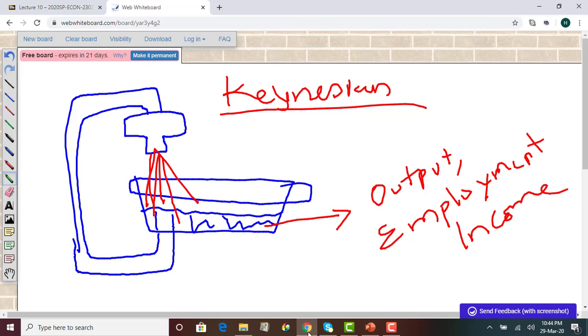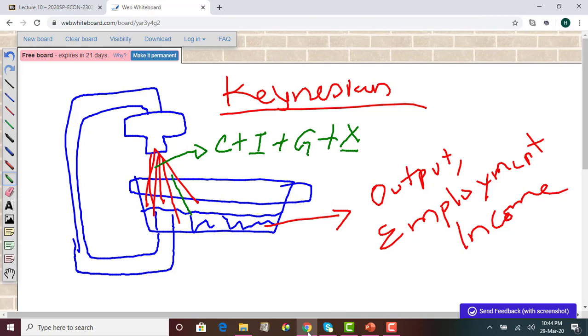Now the differences are, this flow of water under Keynesian includes consumption, C, plus investment, but it also includes government expenditure, because the government can pour money or inject money into the economy, and at the same time it includes the foreign sector, so it includes exports, which is an injection into the economy and increases your output, but not imports, because imports is something we subtract.